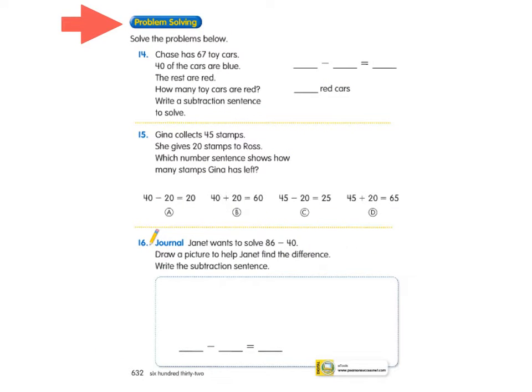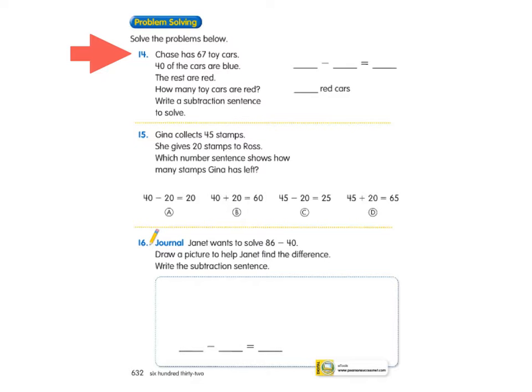Problem solving. Solve the problems below. Number 14. Chase has 67 toy cars. 40 of the cars are blue. The rest are red. How many toy cars are red? Okay, so in order to solve this problem, I'm going to be using a red and blue crayon to draw my picture, to draw my cubes, so that I can do the very best.